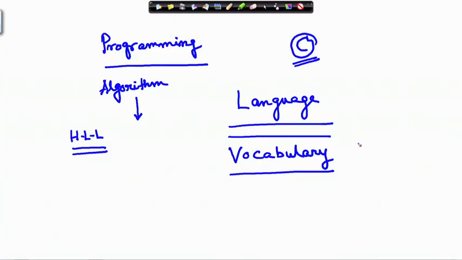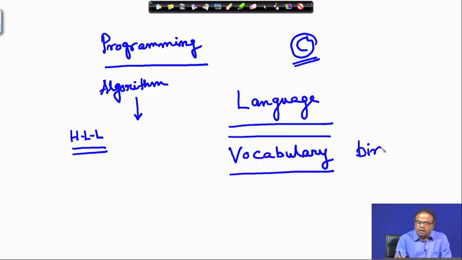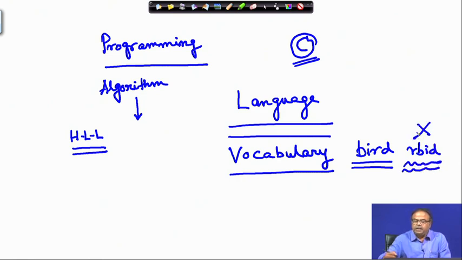Different words, like say bird is a valid word in the English vocabulary. But if I had written RBID, that is possibly not a valid word in the English language vocabulary. All right. Now, we have got some valid words.